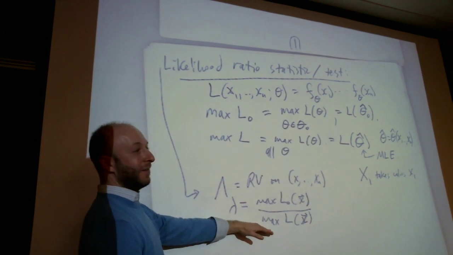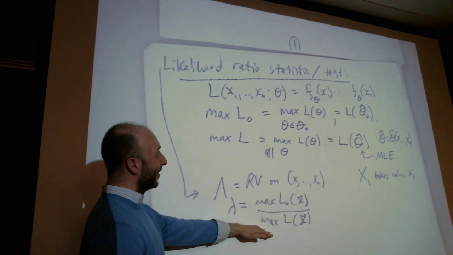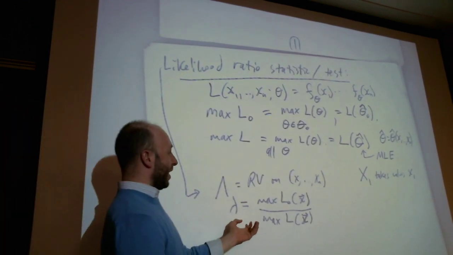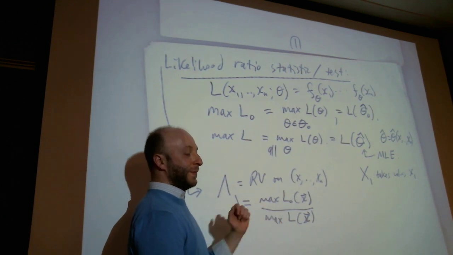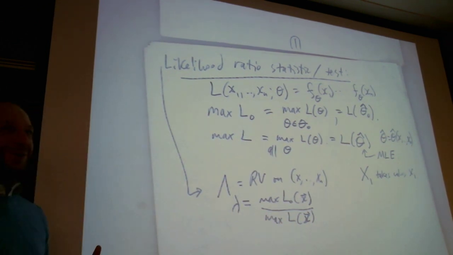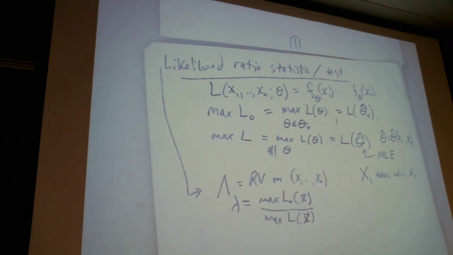So this is not sensitive whatsoever to the alternative hypothesis. This is more worrying about the size, not worrying about making type 2 errors. Okay. So let's do an example. Here's an example.